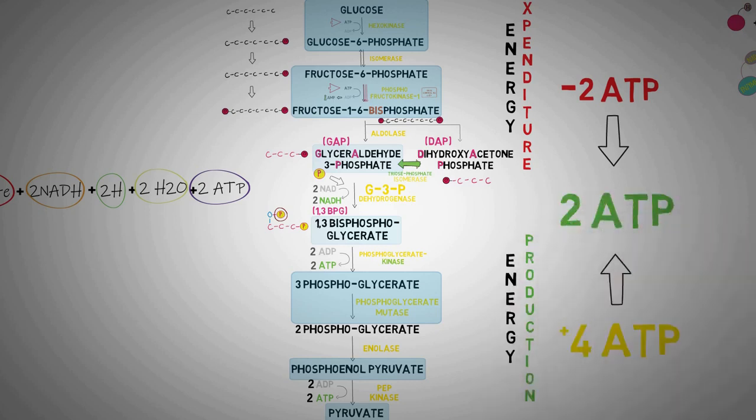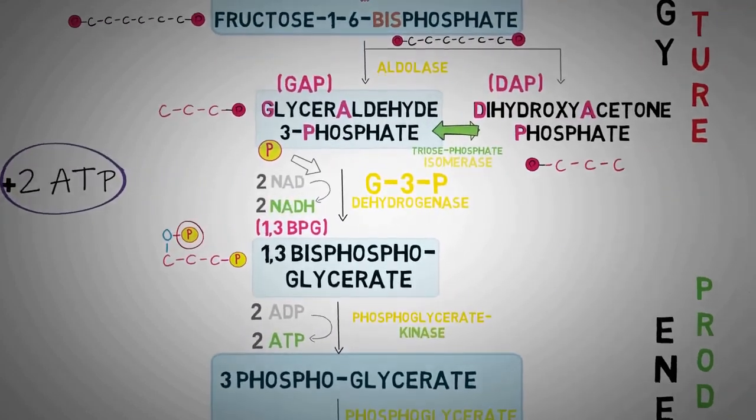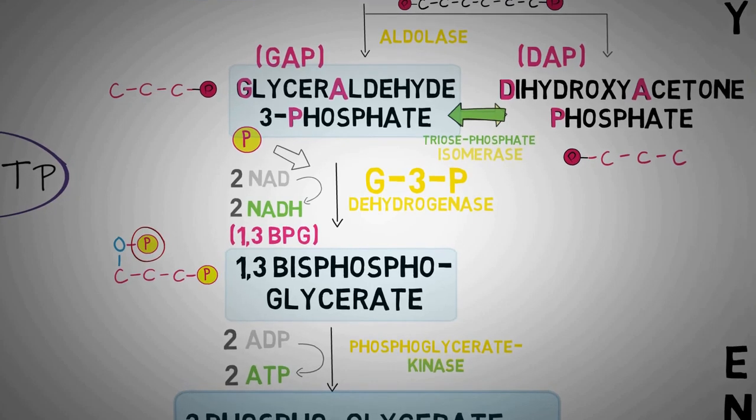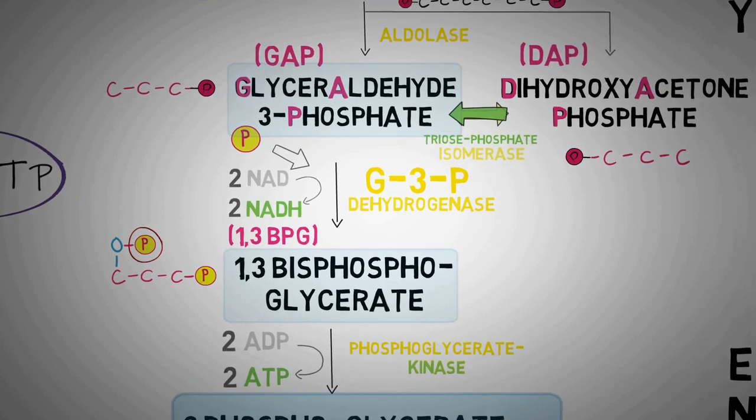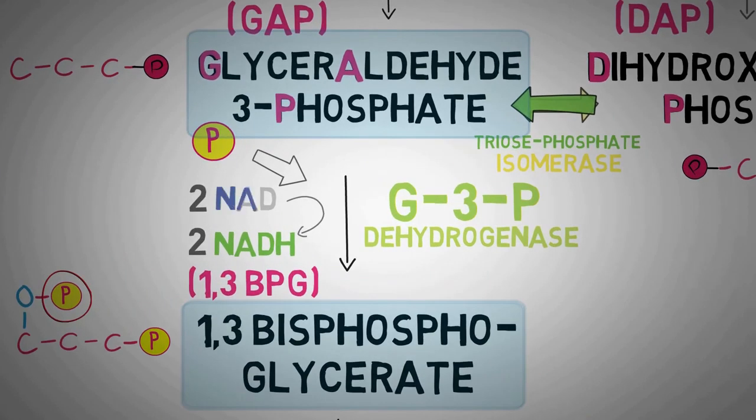Now what happens if oxygen is available in glycolysis? Oxygen has no direct role in this pathway of glycolysis, but has a very important role indirectly, and that is here in this reaction. Here, as you can remember, glyceraldehyde 3-phosphate is converted into 1,3-bisphosphoglycerate. The enzyme making it possible is glyceraldehyde 3-phosphate dehydrogenase, which removes hydrogen from glyceraldehyde 3-phosphate and attaches it to NAD to make it NADH.